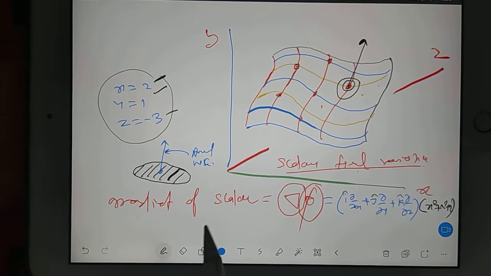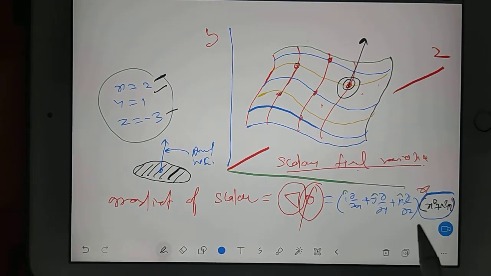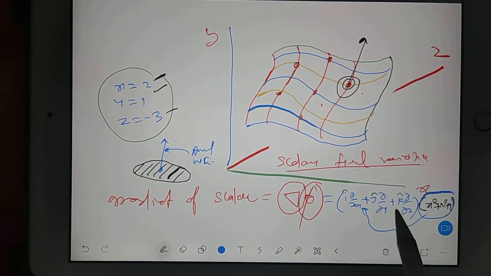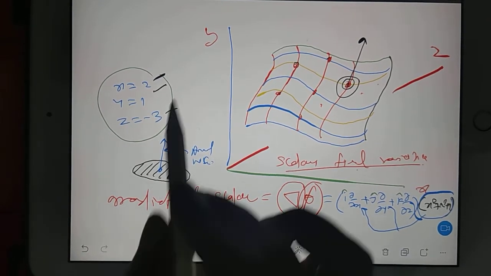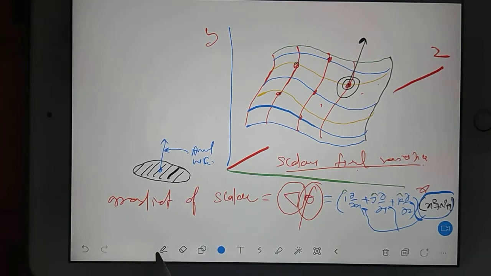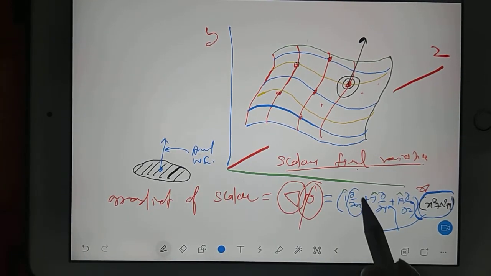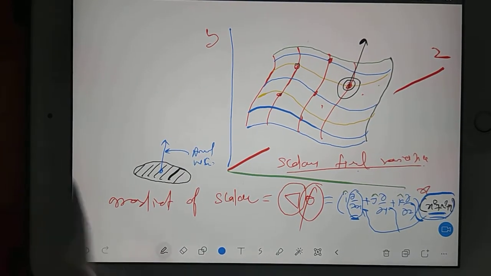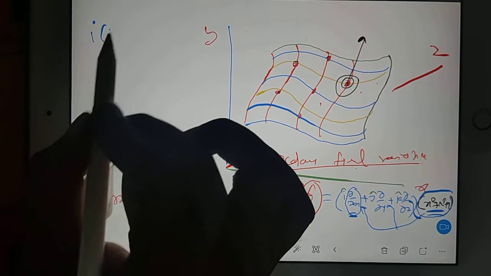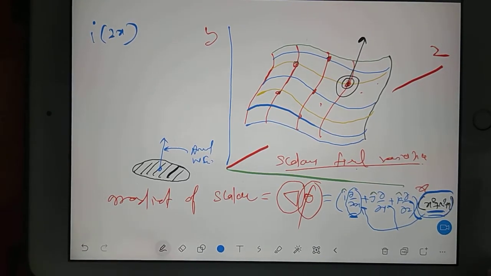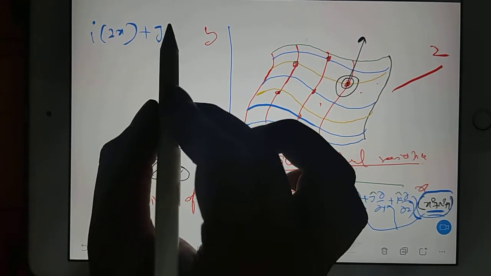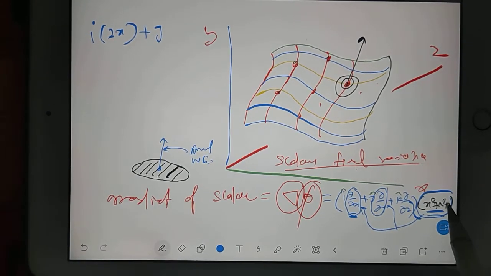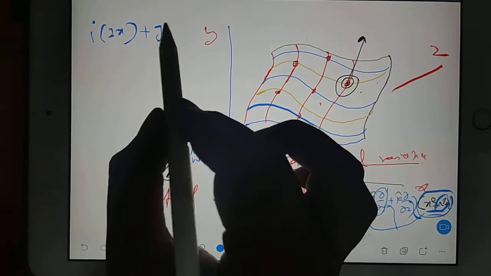Now you get my point. Multiply this entire bracket here. Dou by dou x will differentiate this bracket and you will get i times 2x, because y square and z square will be 0. Plus j, then dou by dou y will differentiate the y square, so it will be 2y.